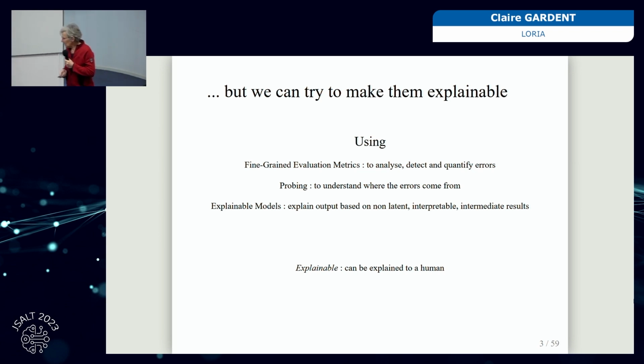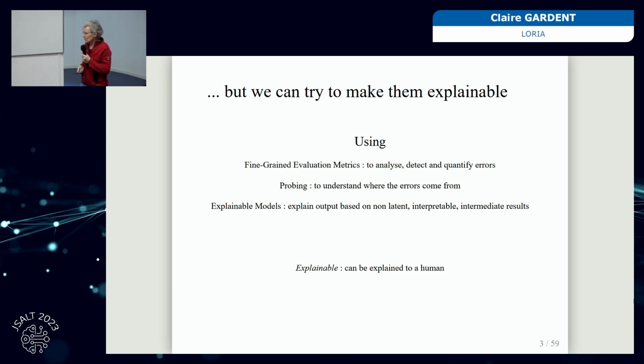A second way is to use probing methods to understand where a certain type of error comes from, and what part of the model architecture is most likely to induce that type of error. I will present some probing methods we developed to understand where omissions come from in conditional generation.